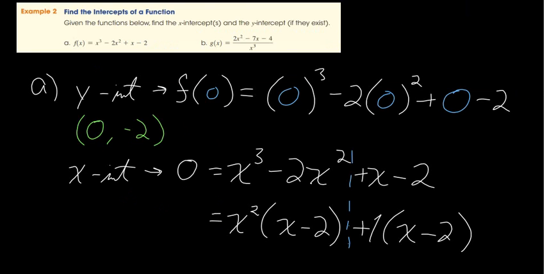Now let's look at this example. I was dreading it because I hate fractions just like anybody else. But if we look here, we see that 0 is not in the domain, because if we plugged in 0 everywhere, let's go ahead and do that.